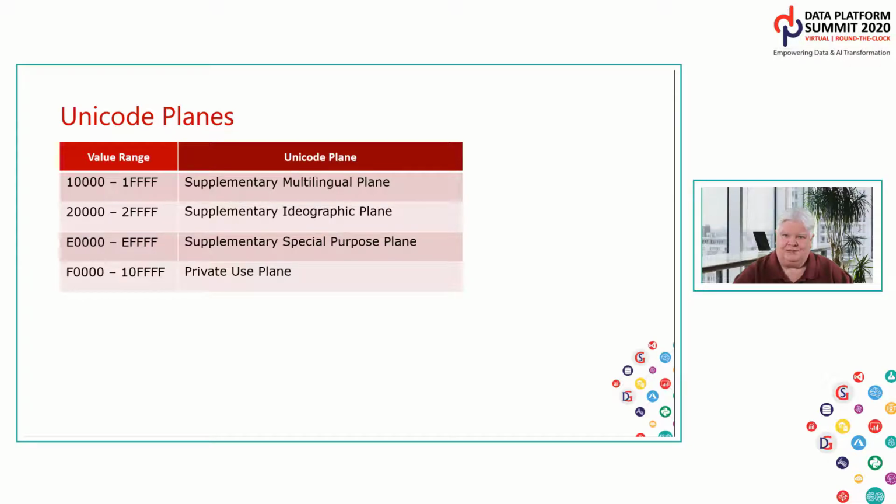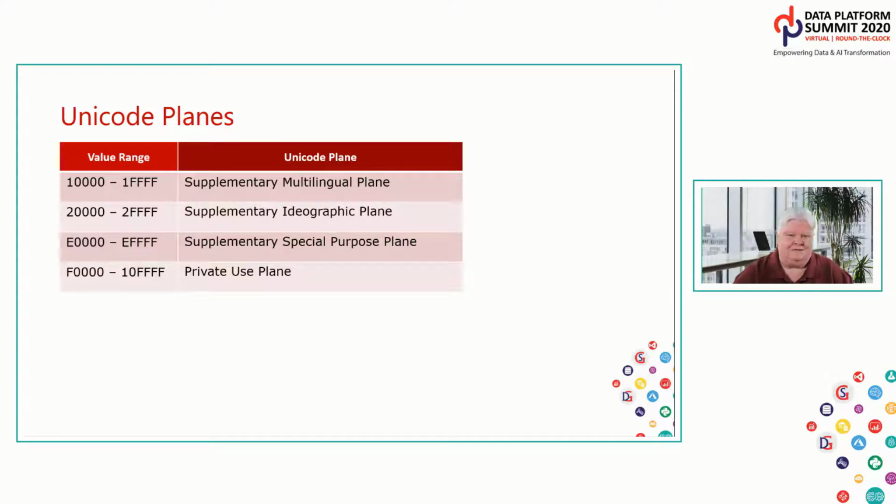So the way it could be stored is not really related to what the character is. And so the first thing they did is go and fix a whole lot of the issues that we had with Unicode. So for example, the values from 0 to FFFF were the bottom 65,536 values, and they called that the multilingual plane.